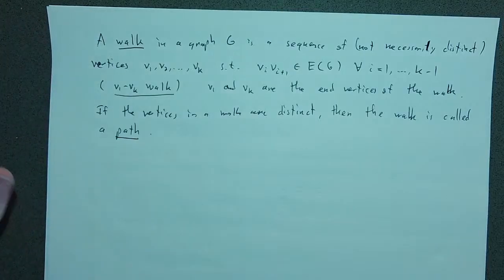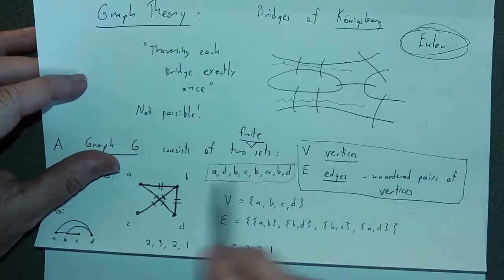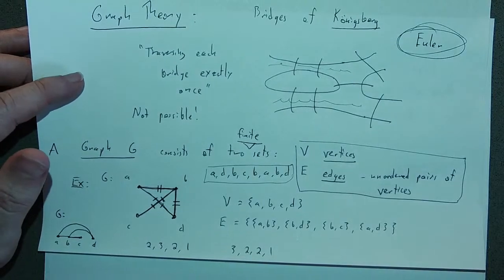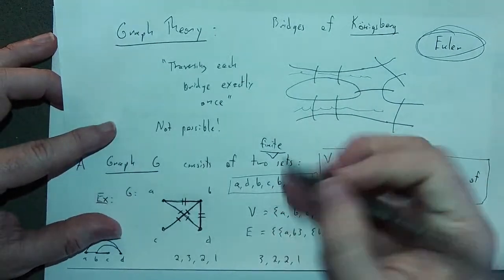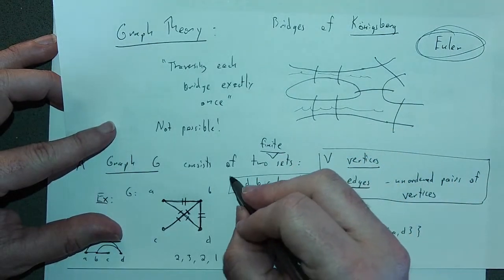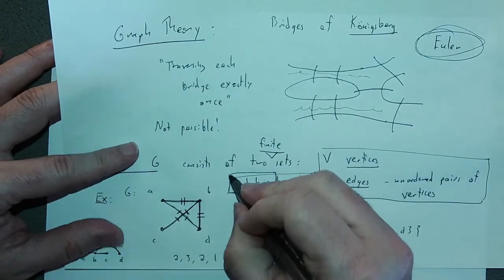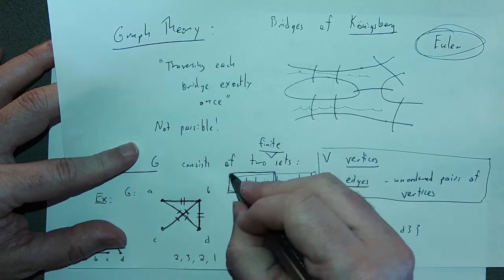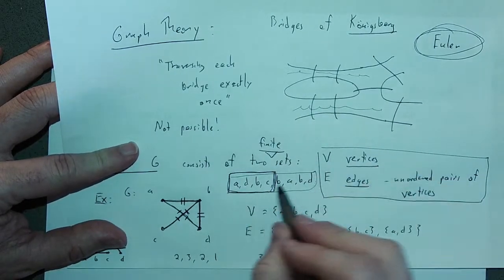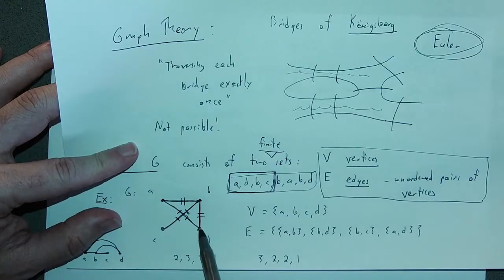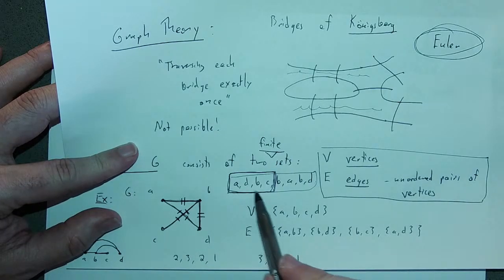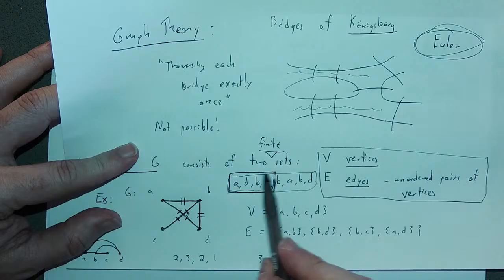So in the example that I did before, this would not be a path because the vertices are not distinct. But for instance, if we stopped here, if we just stopped at C, all these vertices are distinct. So A, D, B, C, that would be a path.